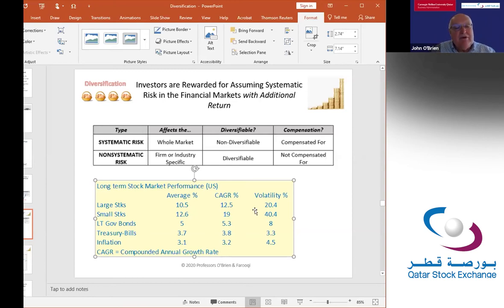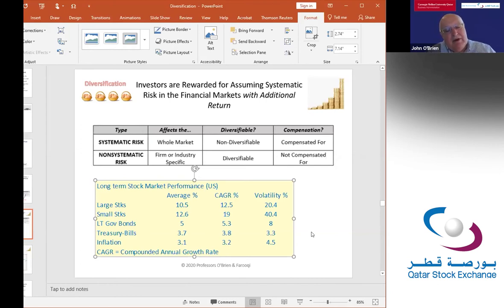So on average, your growth rate for large stocks is 12.5%. For small stocks is 19%. For government bonds, 5.3%. Treasury bills, 3.8%. You can see that over the long run, if you're compounding at the bond or at the bills rate, your portfolio is only going to grow pretty slowly.